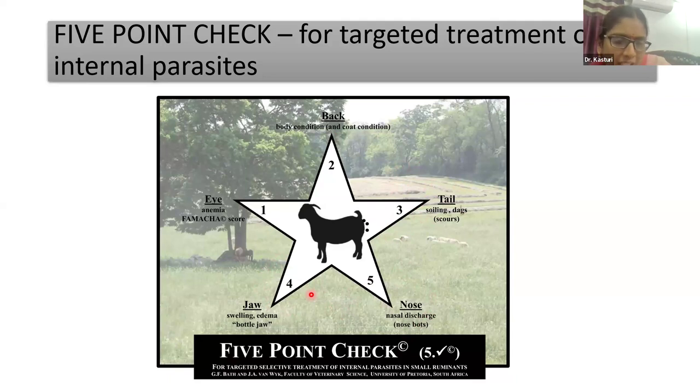Because of their blood-sucking nature, it can result in hypoproteinemia. The main prominent sign of hypoproteinemia, or lack of proteins in the blood plasma, is accumulation of fluid in the jaw. That condition is described as bottle jaw. Based on these 5 checkpoints, the animal is assessed as to whether it requires deworming, whether it has to be included as part of treatment or not.